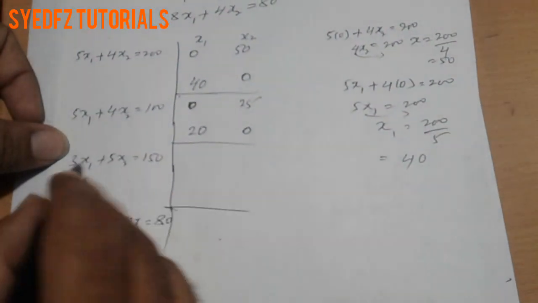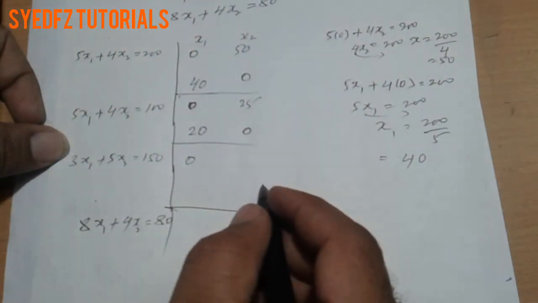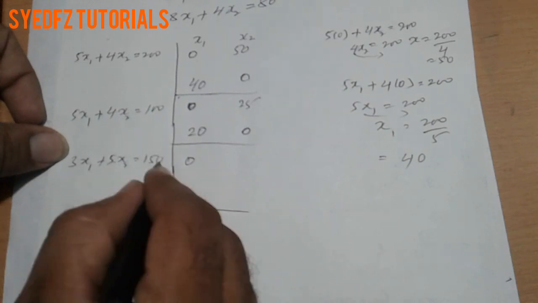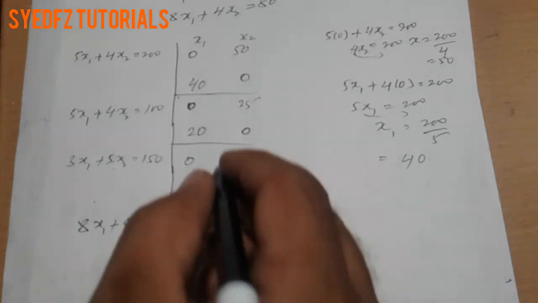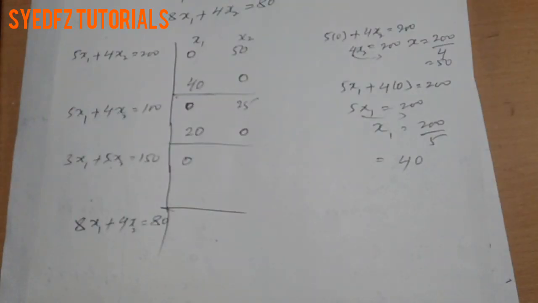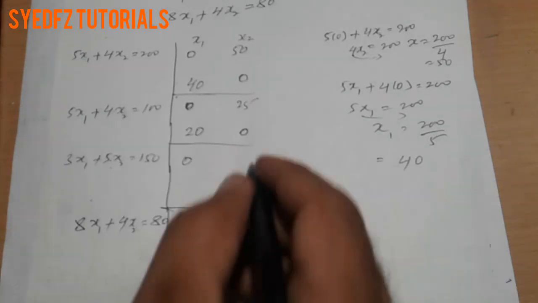Now keep 0 in x1: 150 divided by 5 means 30.